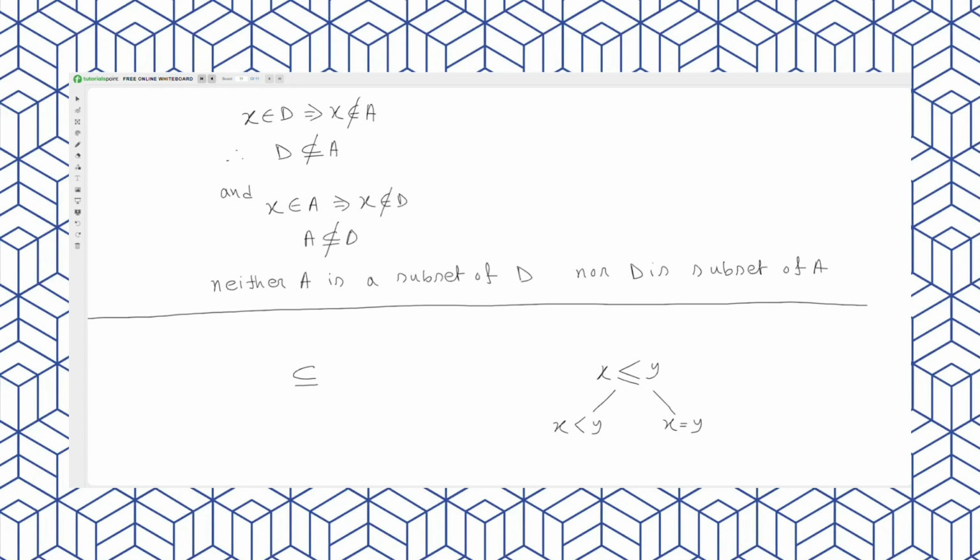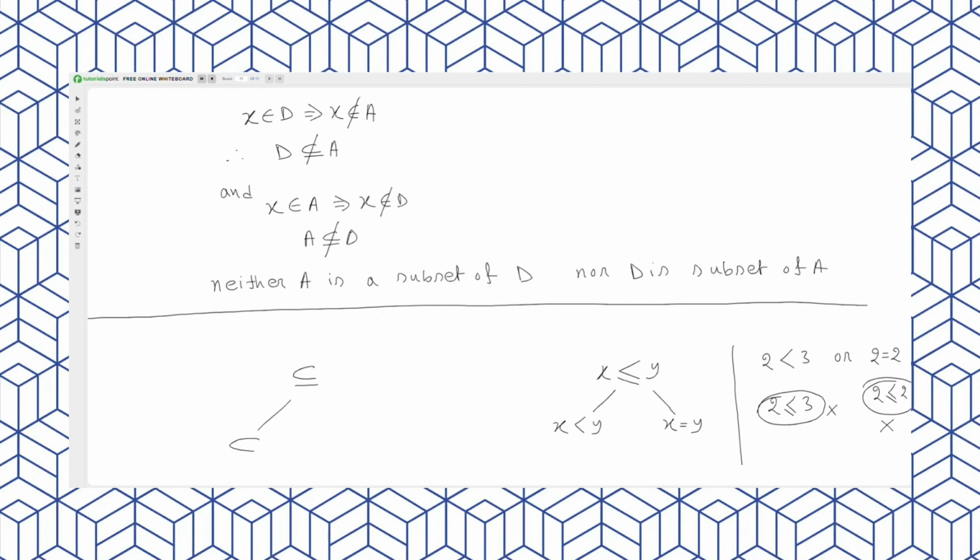And if we take some known numbers like 2 less than 3 or 2 equals 2, there will not be any confusion. We can't write this as 2 less than or equal to 3, as this can't be possible, and also 2 less than or equal to 2. 2 can't be less than itself.